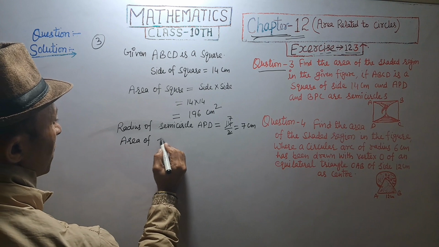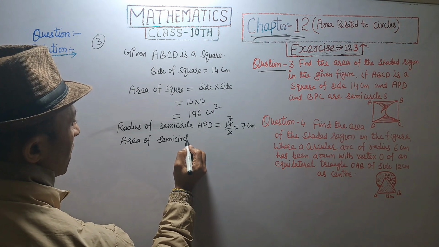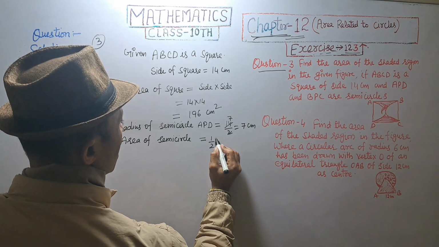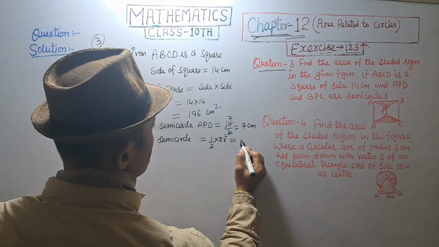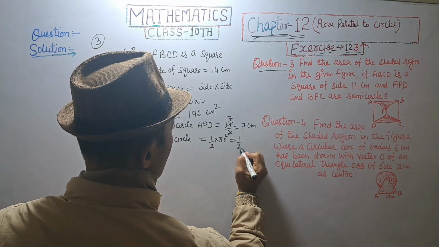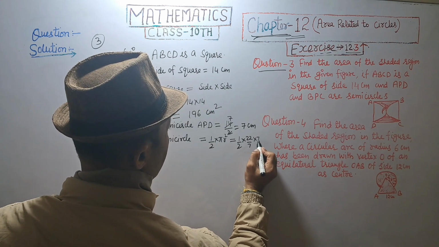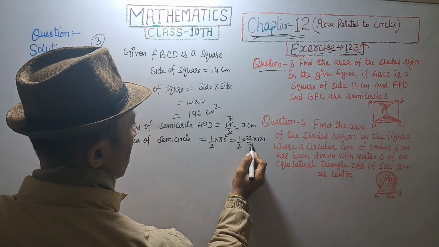Area of semicircle is equal to half into pi r square, that is equal to half into pi is 22 upon 7 and radius is equal to 7 into 7.